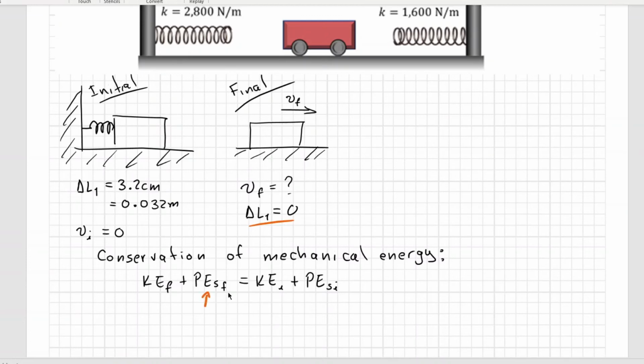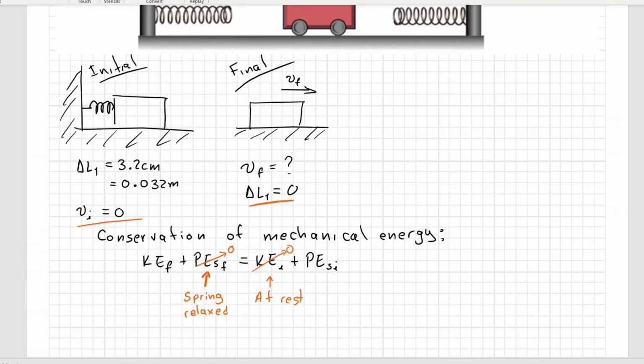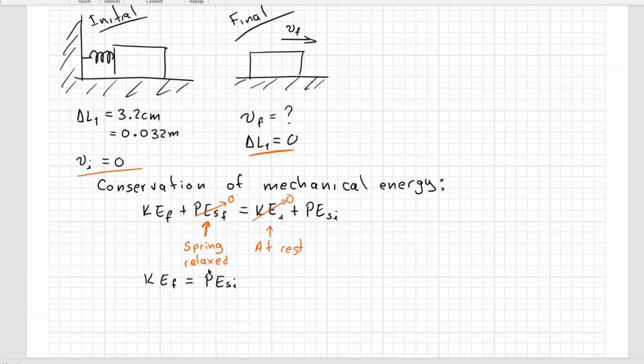So at the final time, there is no elastic potential energy. For the initial time, we know that the velocity of the car is 0. So the kinetic energy at the initial time is 0 because the car is at rest. And the equation then simplifies and we get kinetic energy at the final time and elastic potential energy at the initial time.